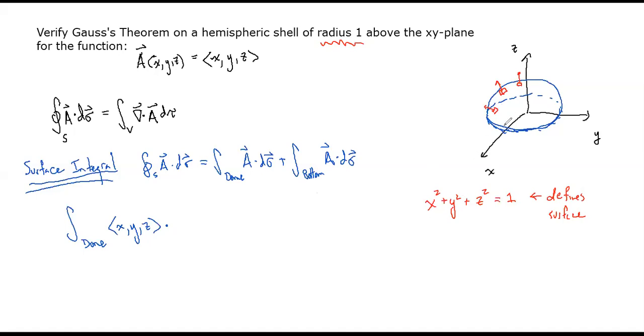And then we'll call this r. It should be lowercase r if I want to keep with convention. What defines our piece of area integral, our d sigma?